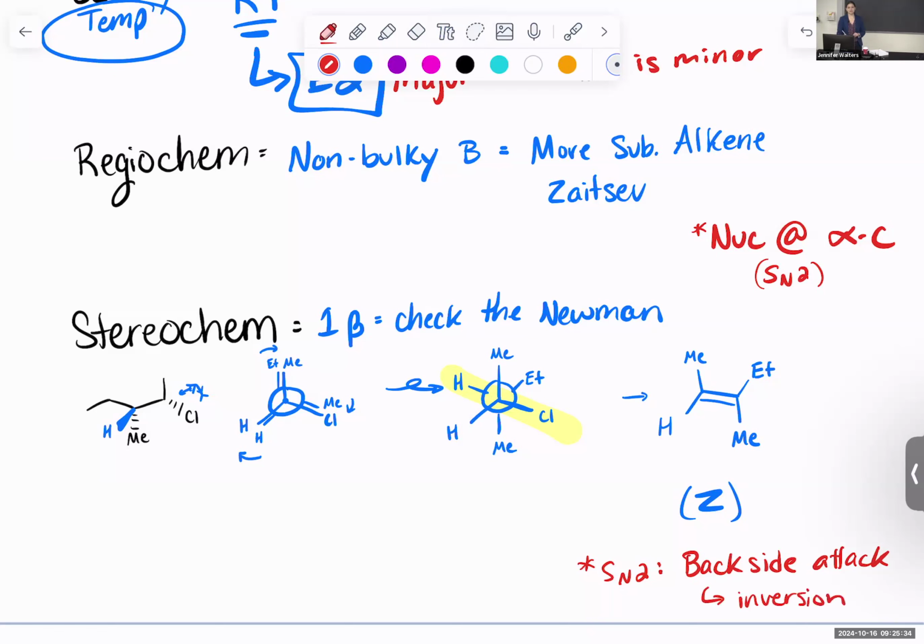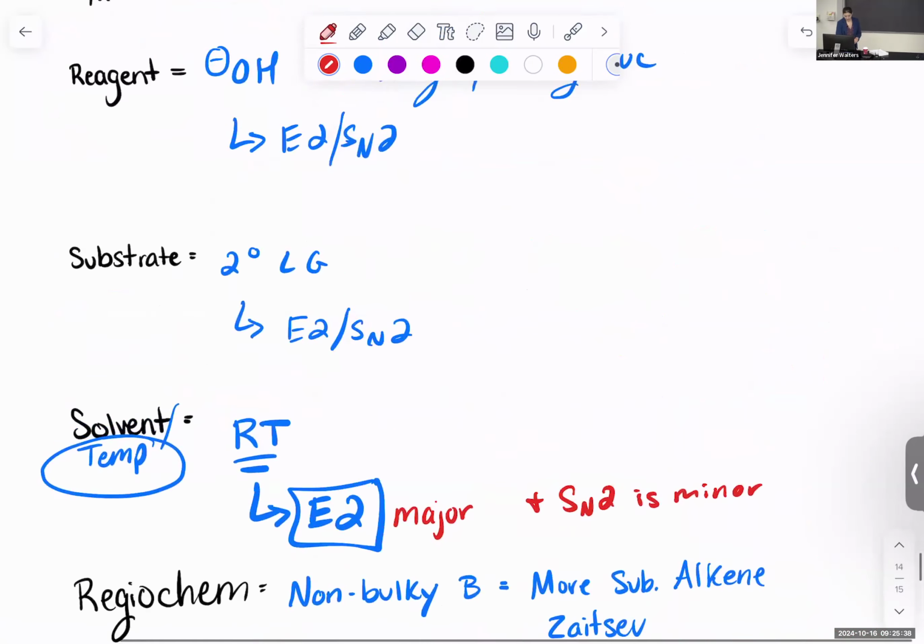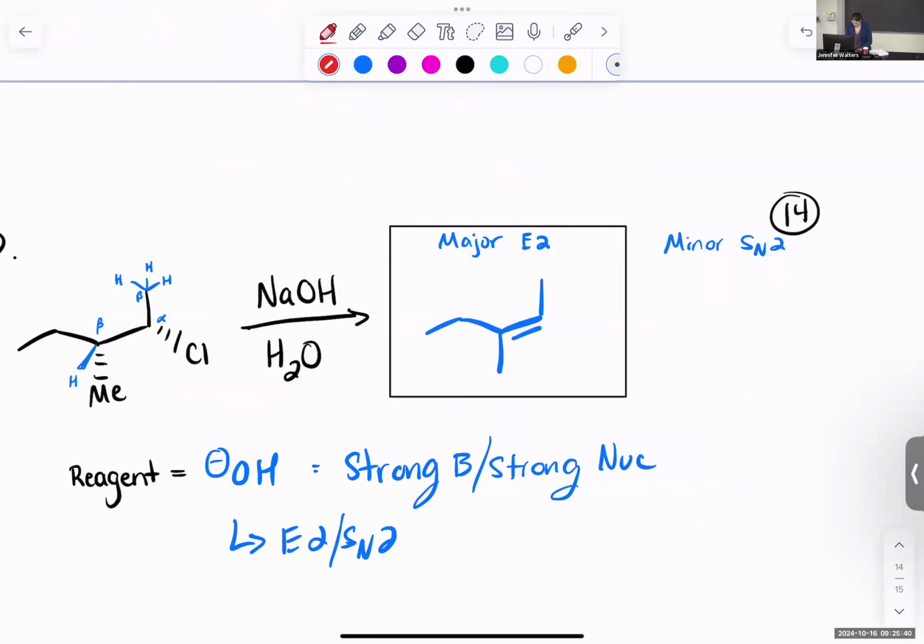of stereochemistry. So when I go to do this minor product, I'm going to put everything in exactly where it was, because everything else is unimpacted. It's just the alpha carbon that I'm going to play with. So that hydroxide is going to come from the opposite face.